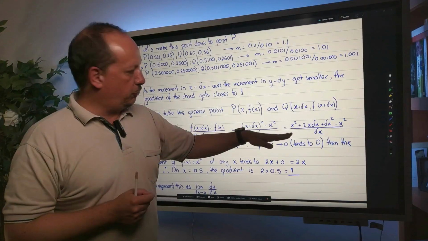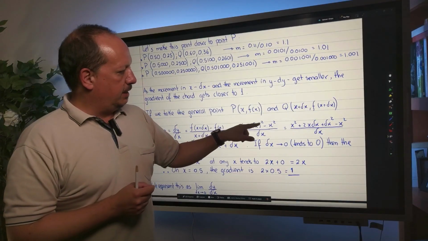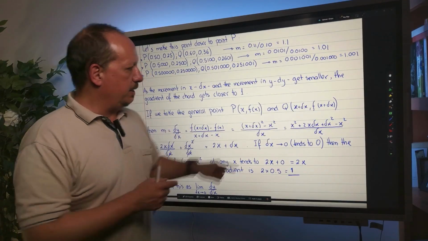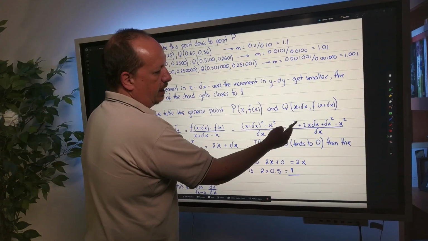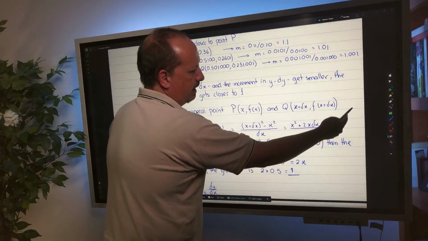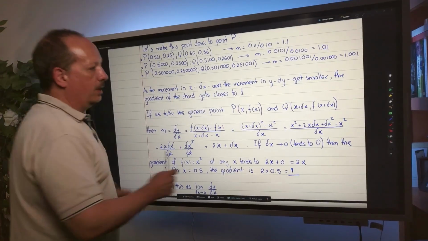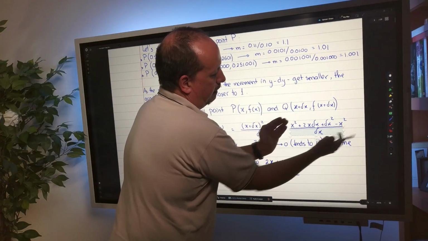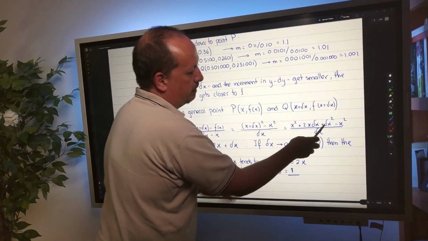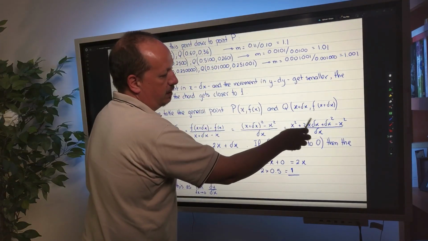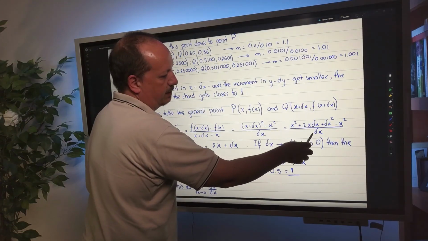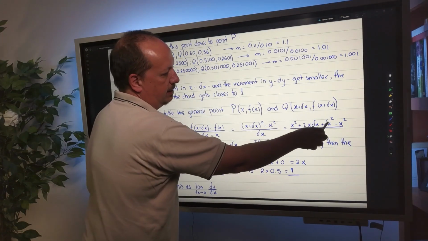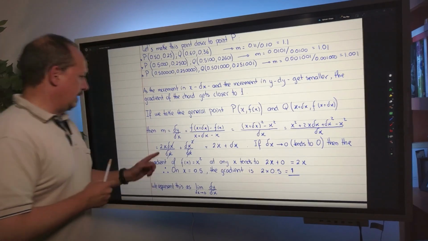Okay, so going back to the numerator, I expanded these brackets, okay? And I have here x squared and there minus x squared, so these two cancel out. And then I can separate what is left into different fractions. So 2x delta x divided by delta x plus delta x squared divided by delta x.